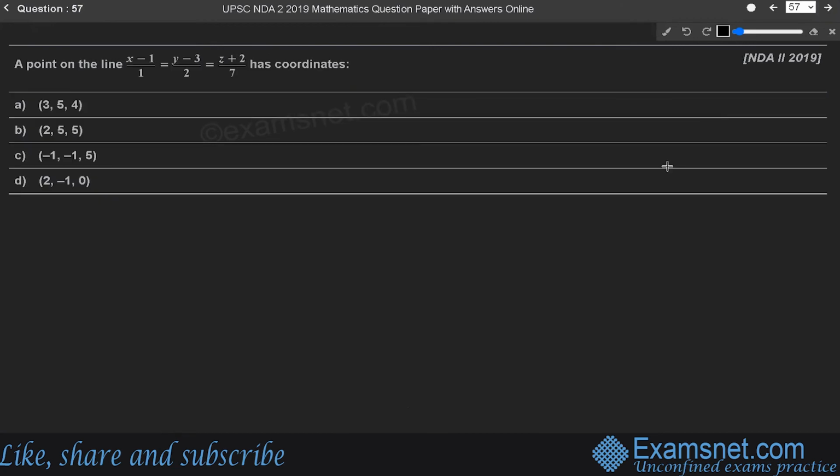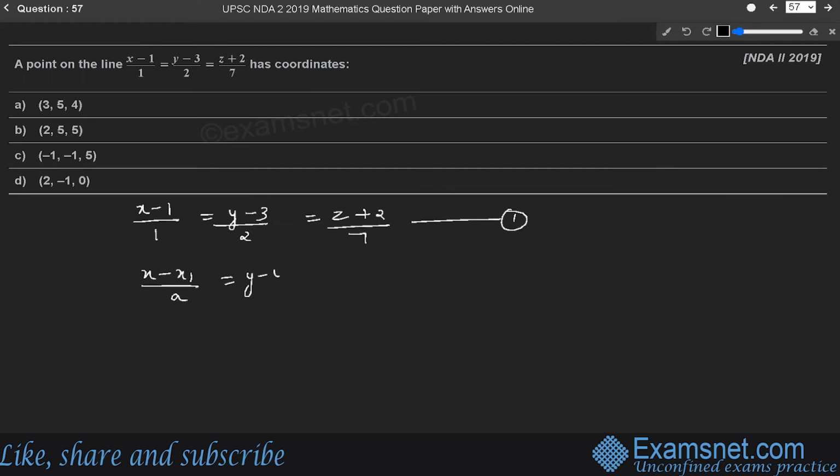Next question is, a point on the line x minus 1 upon 1 is equal to y minus 3 upon 2 is equal to z plus 2 upon 7 has coordinates. So let this be equation number 1. So it is in the form x minus x1 upon a is equal to y minus y1 upon b is equal to z minus z1 upon c.